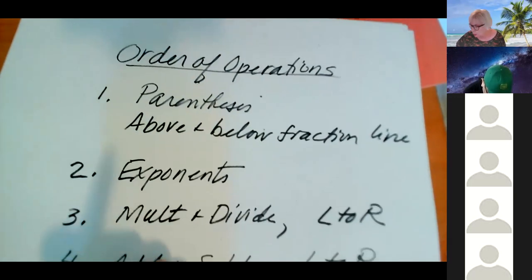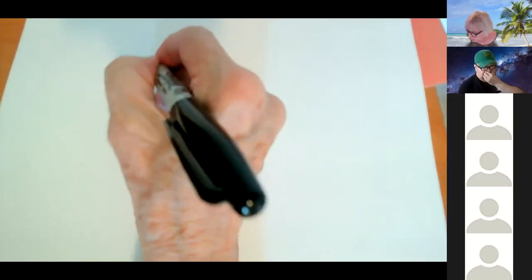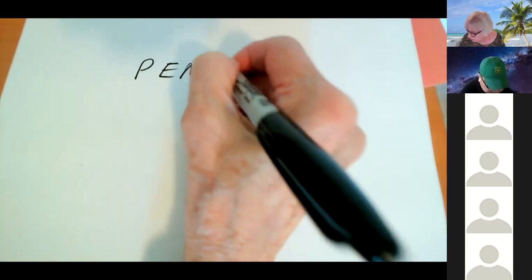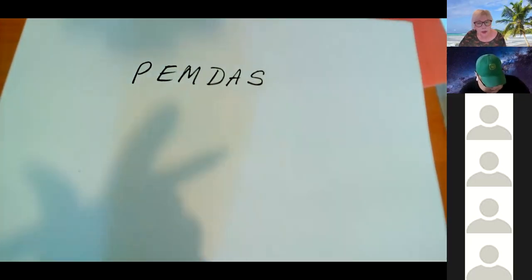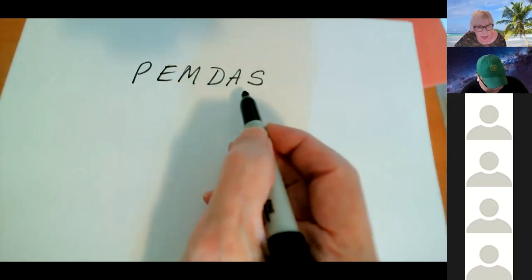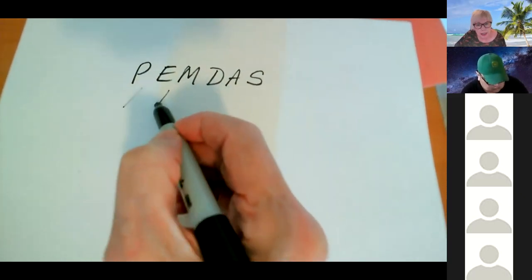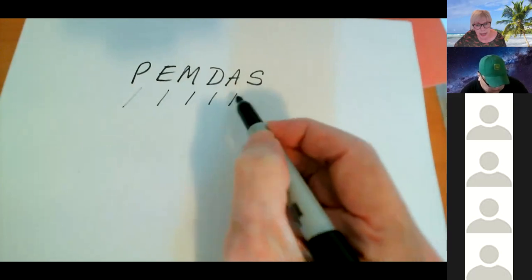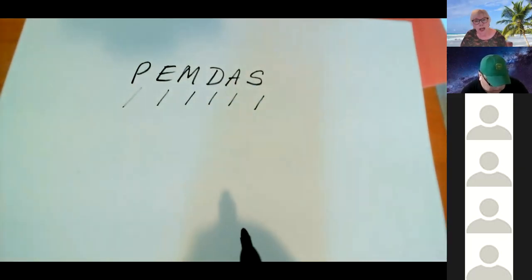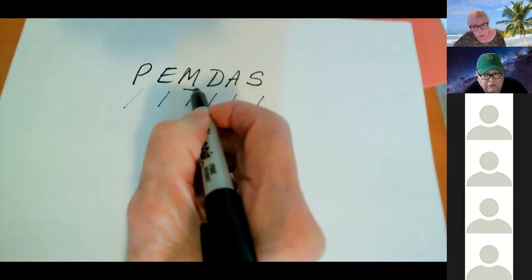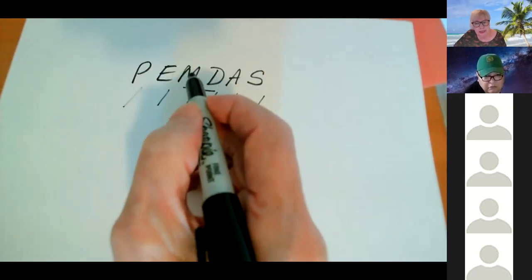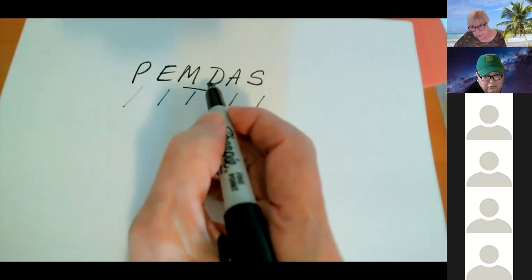Now, there's two ways people learn to memorize this. This was one way that people learned. We called it PEMDAS, parentheses, exponents, multiply, divide, add, and subtract. The problem with this memory device is it looks like multiply is better than divide.